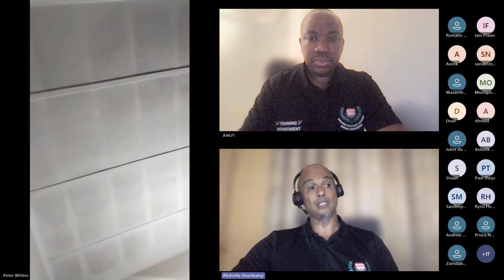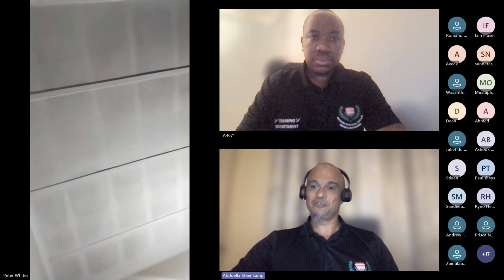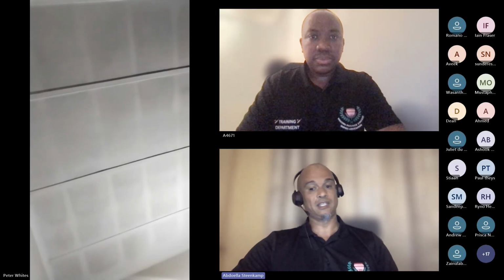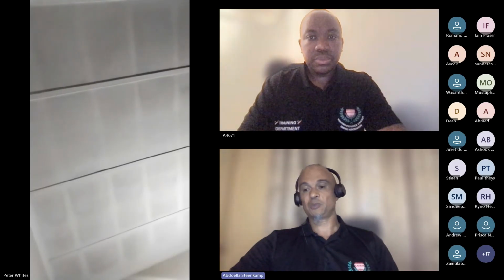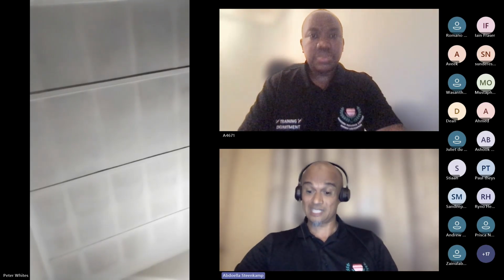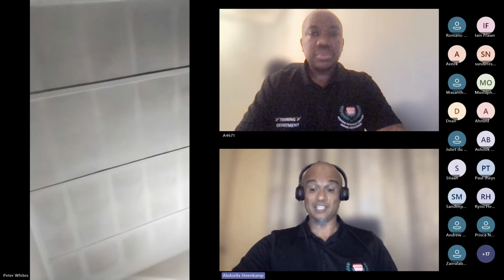So the law tells us the incoming batter needs to be ready to receive the ball within 3 minutes. So let's say scenario 1, the fielding side is ready, 3 minutes has expired, but the batter is not ready. On appeal, that batter is to be given out timed out. But the batter needs to be ready to receive the ball, so the fielding side needs to be ready.